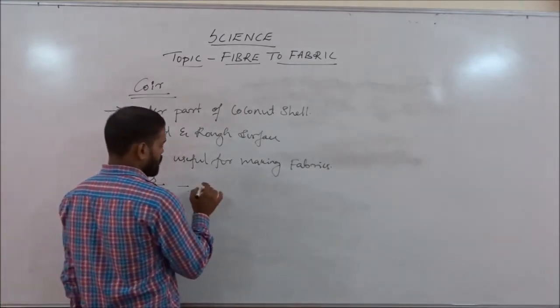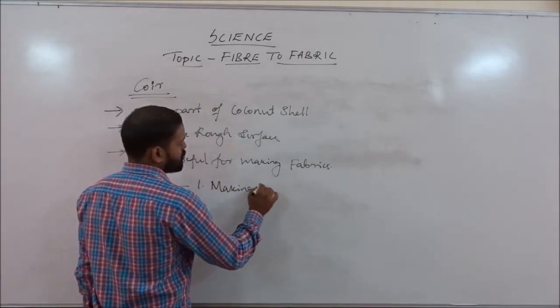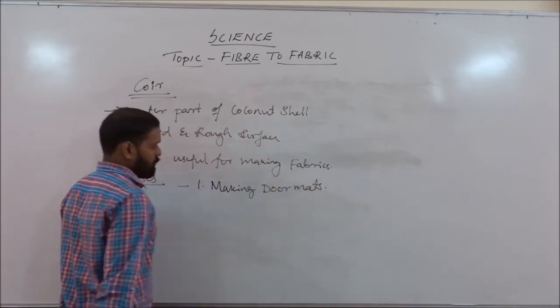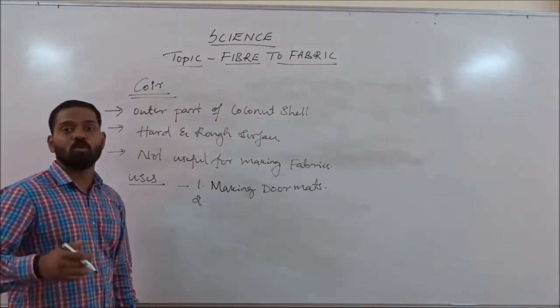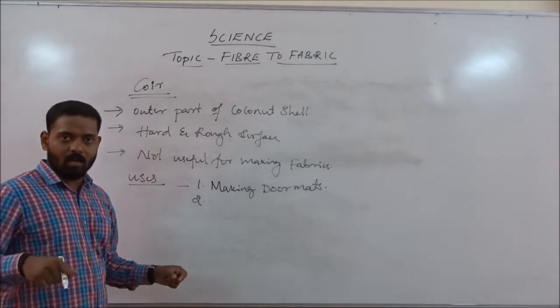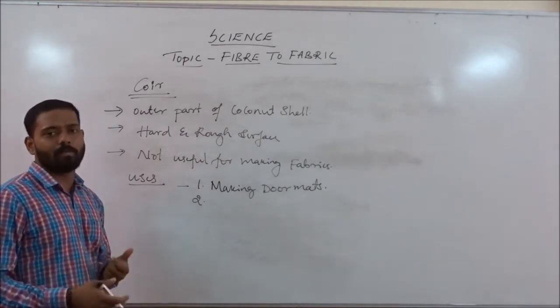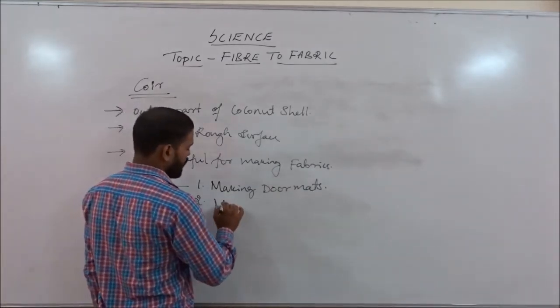The second use of coir is making ropes. You can see that coir ropes are also available in the market, very cheap. You can also prepare them yourself.